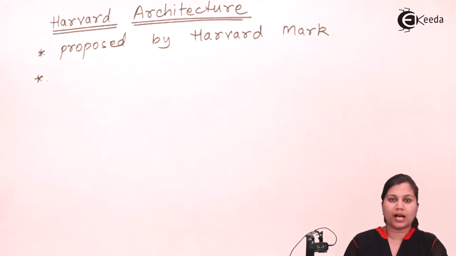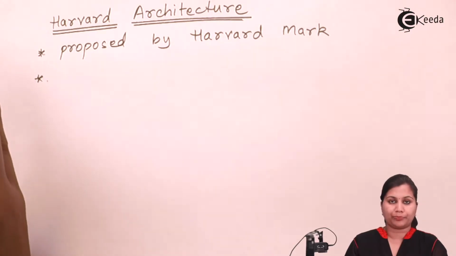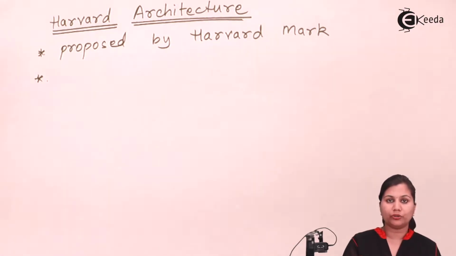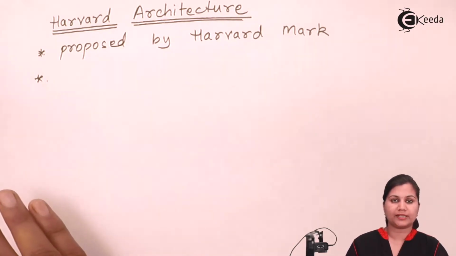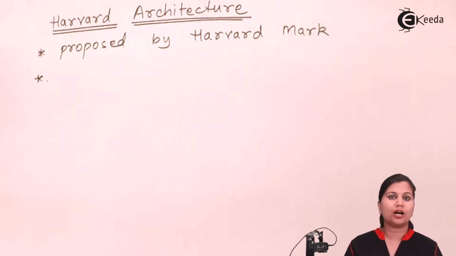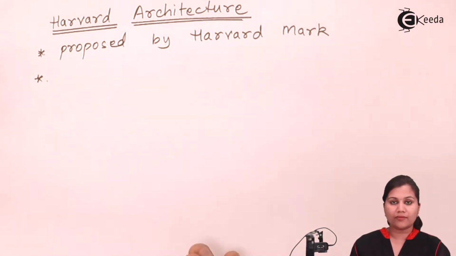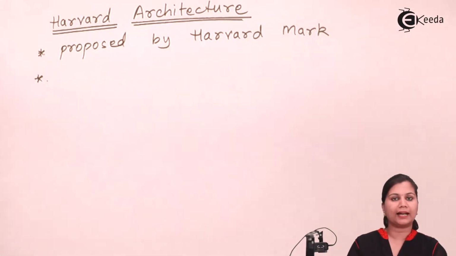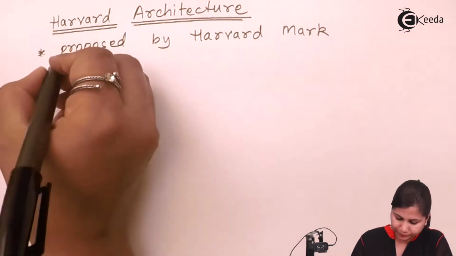In this Harvard architecture, there is separate memory for the instructions and for the data. The difference between von Neumann and Harvard architecture is that in von Neumann architecture there was only a single memory shared between the instructions and program and the data, whereas in the Harvard architecture there is a separate memory for the instructions and for the data.